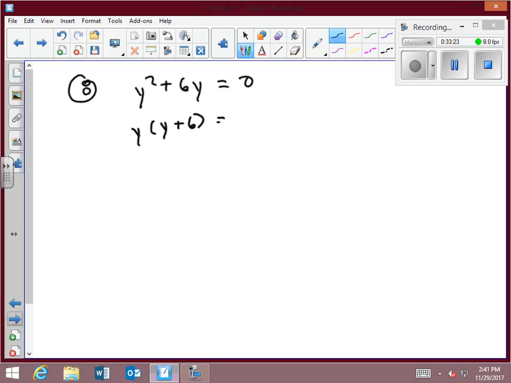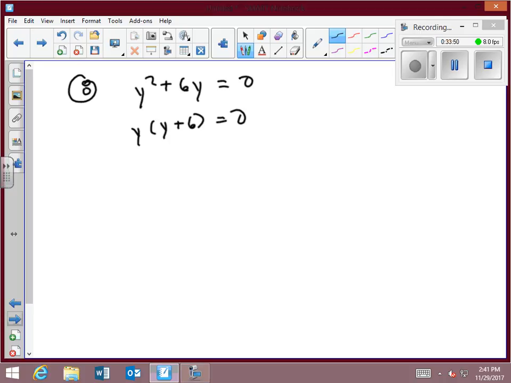Because that makes it what? Is it completely factored? What do you have to factor out yet? Well, I factored the y out. Once I did the common factor, it's completely factored, isn't it? Yeah. So now what do I do? I use that zero product principle, don't I?